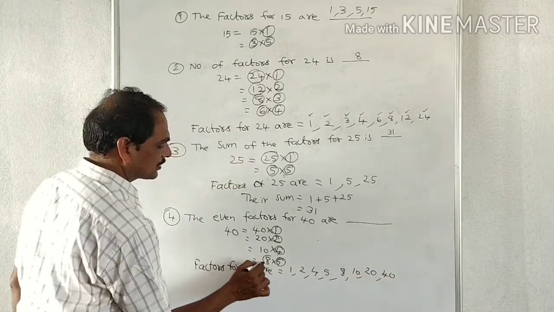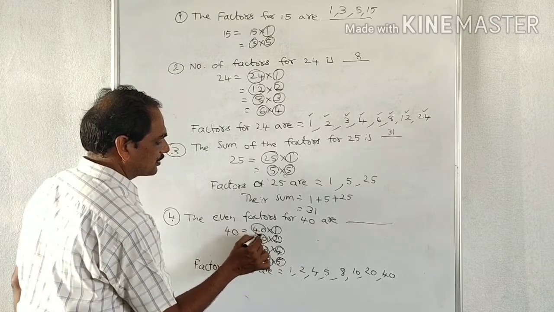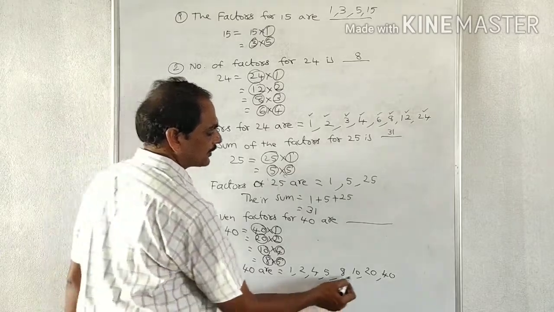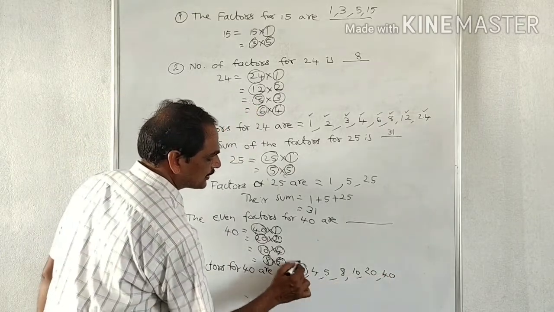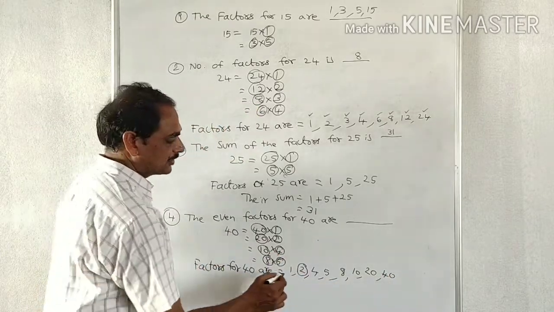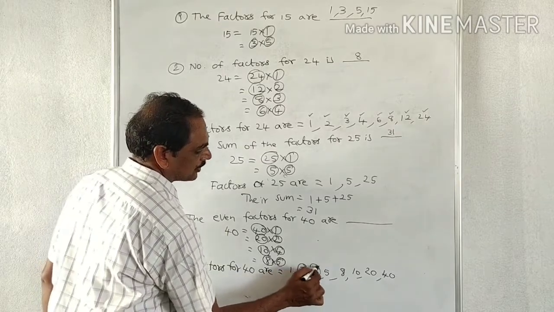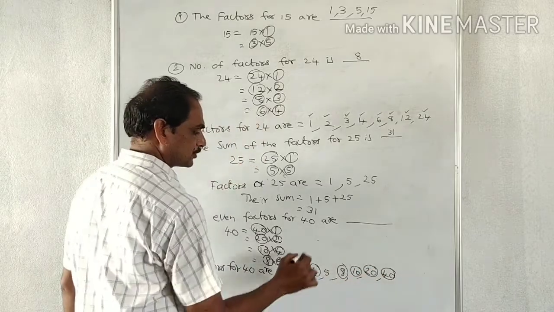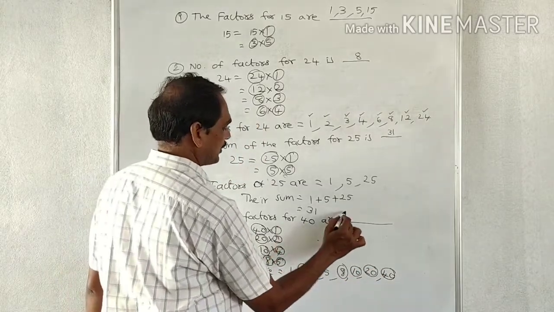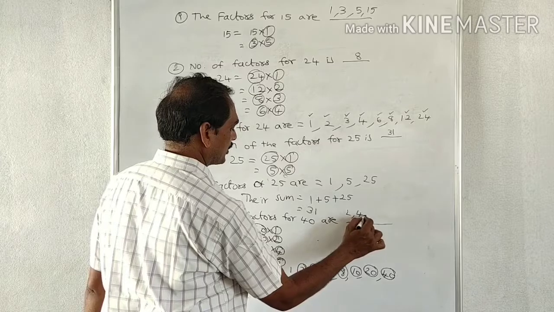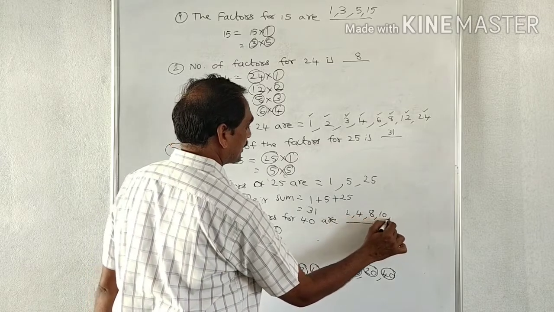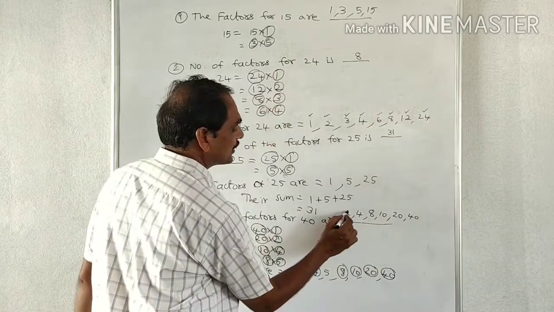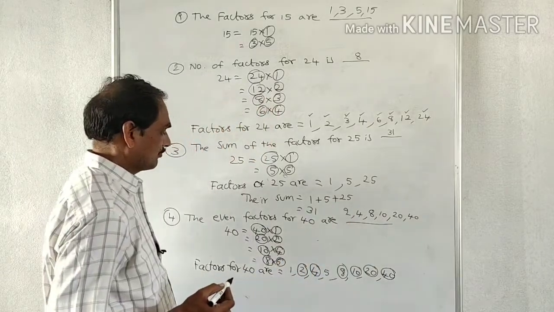Of these, the problem is to find the even factors. 2 is the smallest even factor, then 4, 8, 10, 20, 40. So the even factors for 40 are 2, 4, 8, 10, 20, 40.